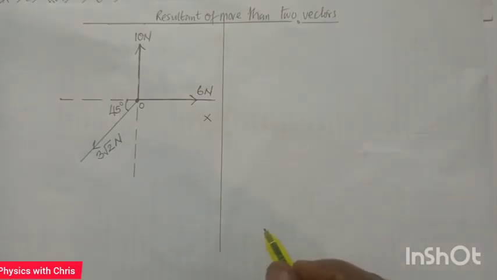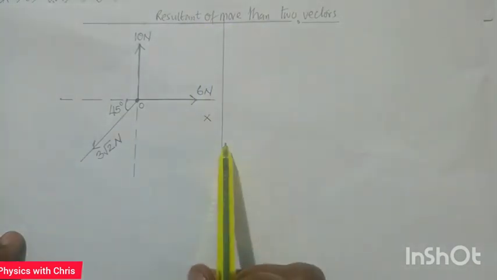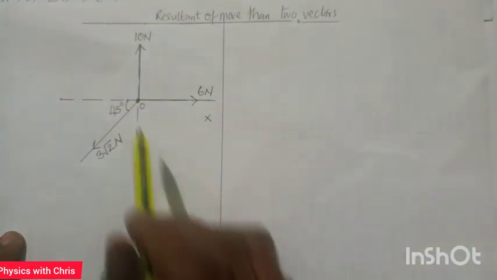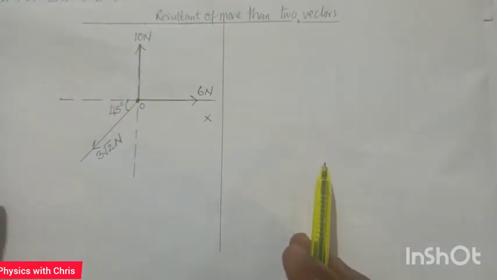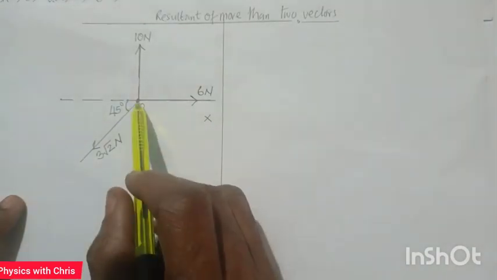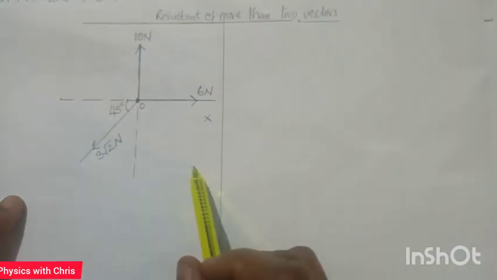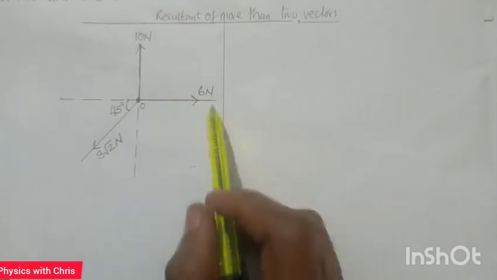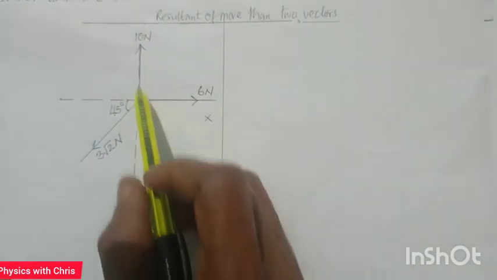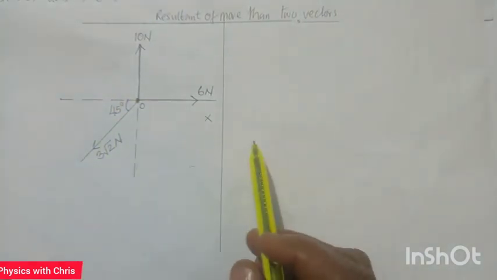Okay, let's start with this particular question. We are to determine the resultant of this system of forces. So we've already drawn the free body diagram, and here you have the object at the origin, because this is a coordinate system. I have the x-axis and I have the y-axis, positive x, positive y-axis, negative x-axis, and then negative y-axis.